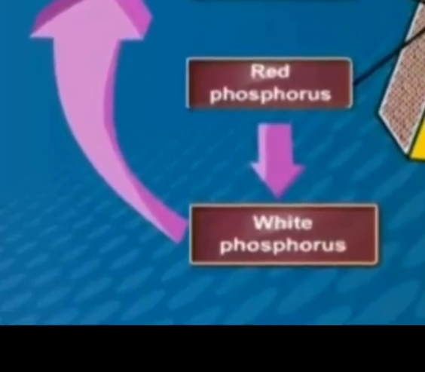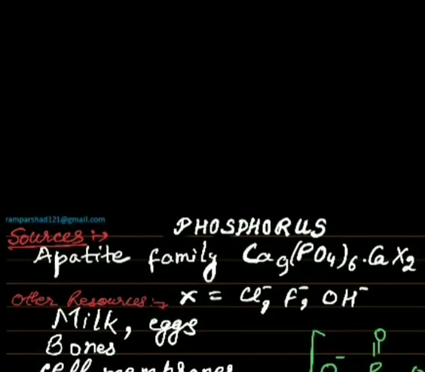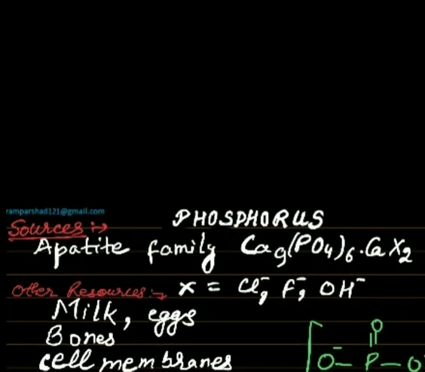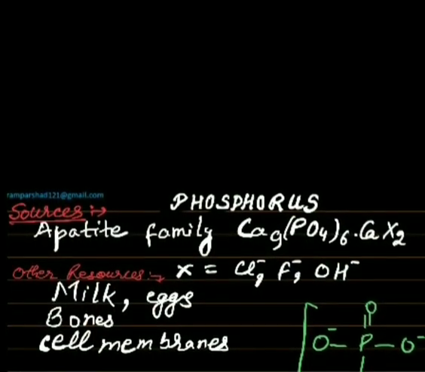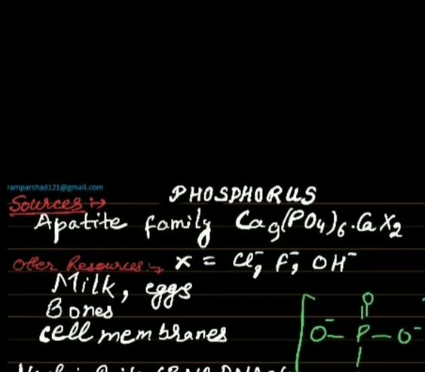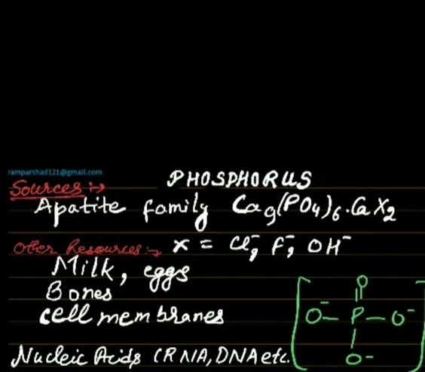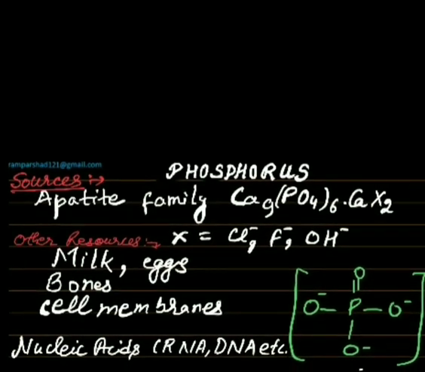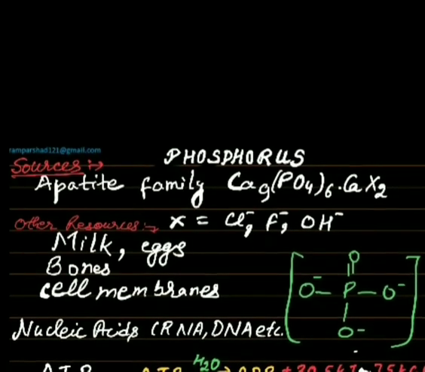Now let us start our topic with the sources. The main source of phosphorus in nature is the crystals of the apatite family. The chemical formula is calcium phosphate and calcium X2, where X may be chlorine, fluorine, or hydroxyl.